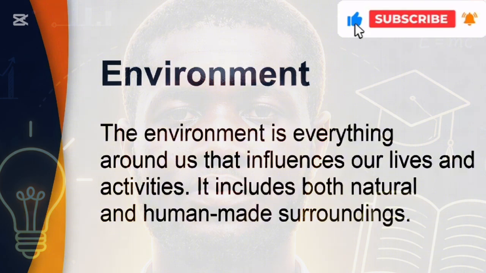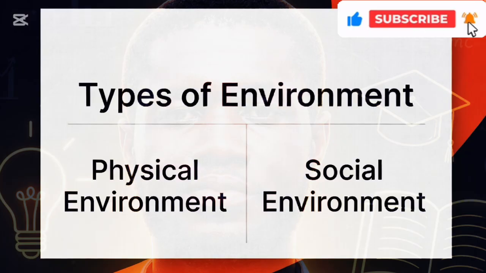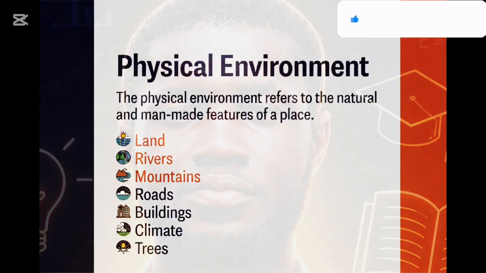We have two types of environment: the social environment and the physical environment. What do they mean? Let's get into it. Physical environment. The physical environment is everything around us that is tangible. They are the things in the surroundings of man that we can feel.